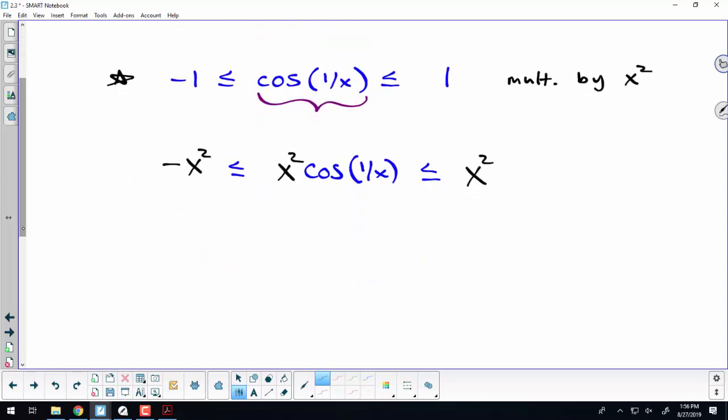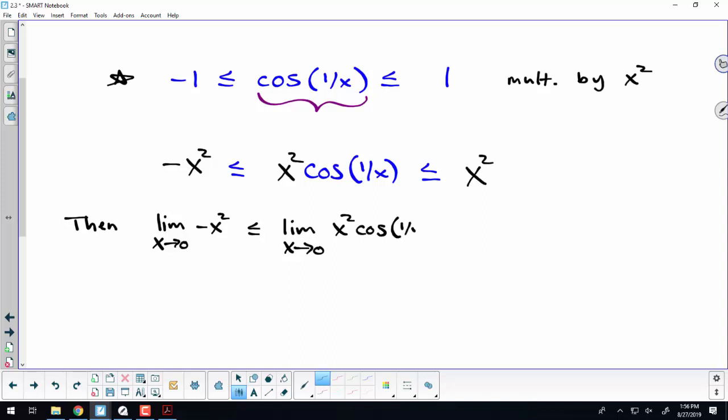If this is true, then we have the limit as x approaches 0 of negative x squared is less than or equal to the limit as x approaches 0 of x squared cosine 1 over x, is less than or equal to the limit as x approaches 0 of x squared. That's really all you have to do if you're given that inequality, and then hope that it boils down to something meaningful.